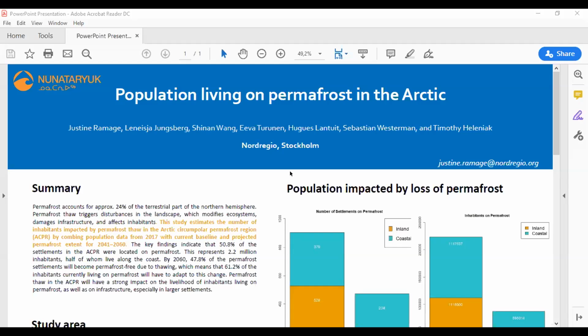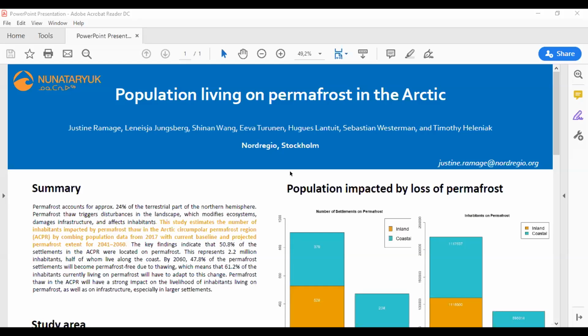So in order to understand the consequences of permafrost thaw on the populations living on it, we decided to conduct a demographic study on population living on permafrost.